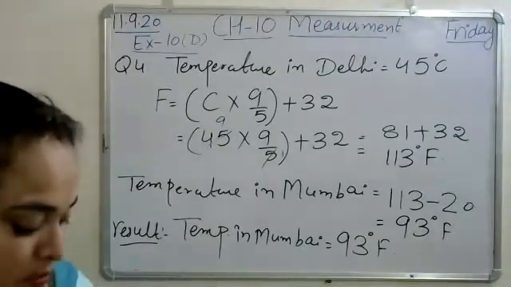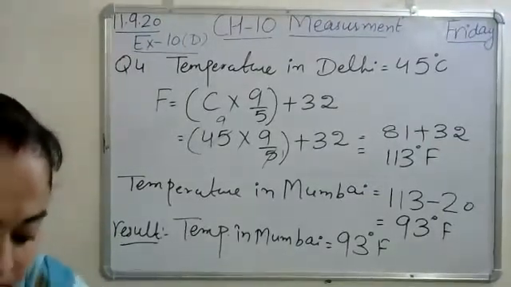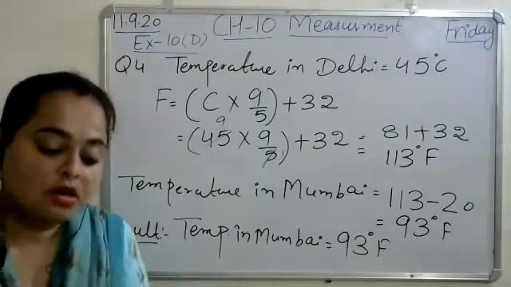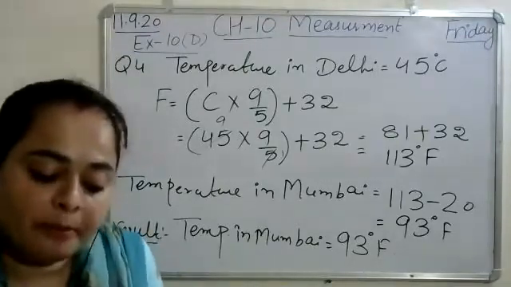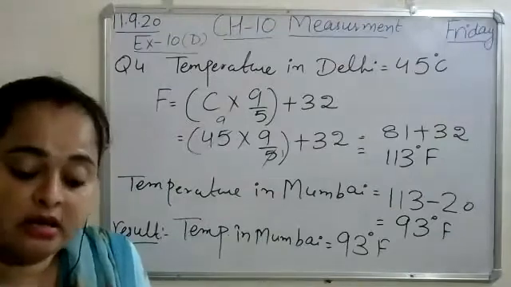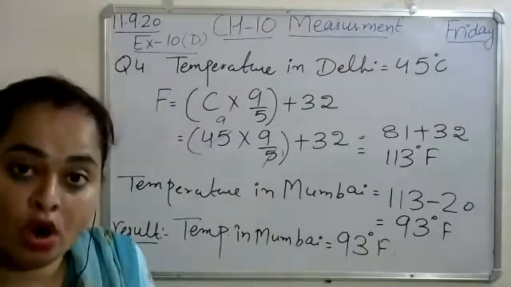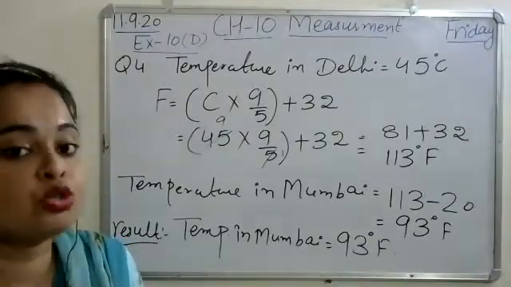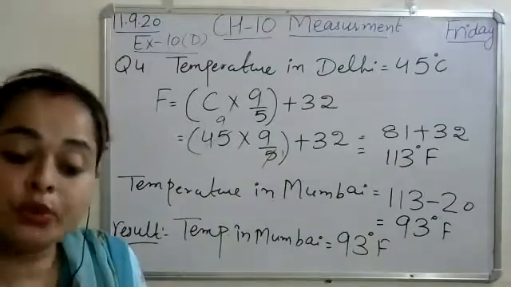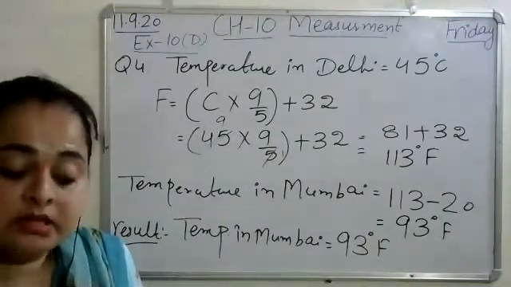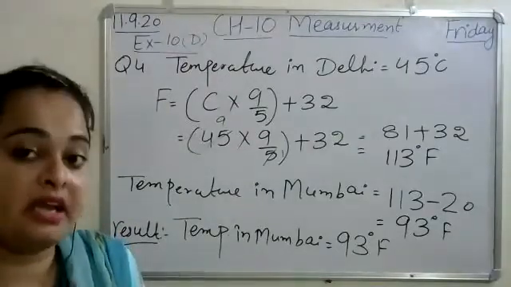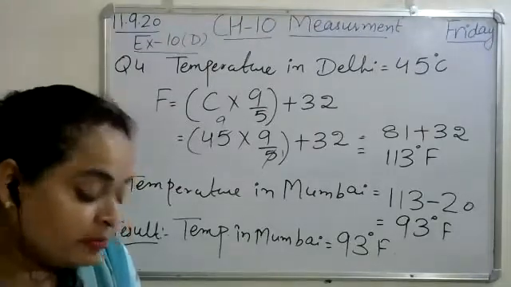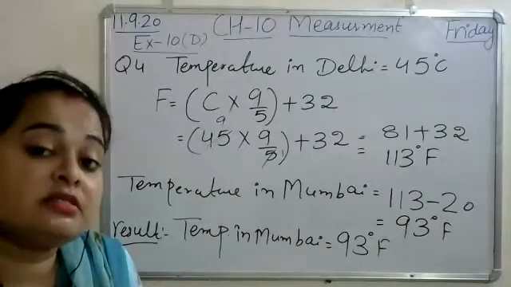Now the fifth question. The fifth question is, the temperature recorded in the morning was 25 degrees Celsius on 1st October. But during the daytime, the temperature increased by 10 degrees Fahrenheit.